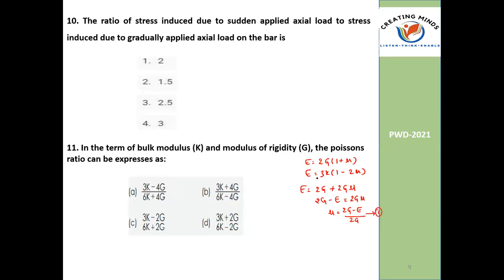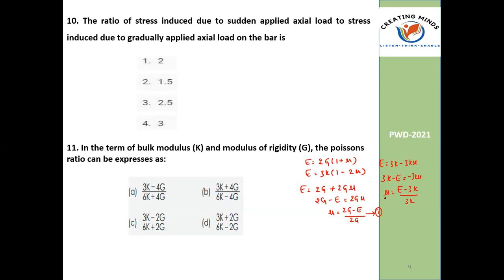Next, from the other equation we arrive at one more equation. Multiply it out: E equals 3K minus 3K mu. If you want mu, take E minus 3K equal to minus 3K mu. Taking the minus outside, mu equals (E minus 3K) divided by 3K. Now this is equation 2.